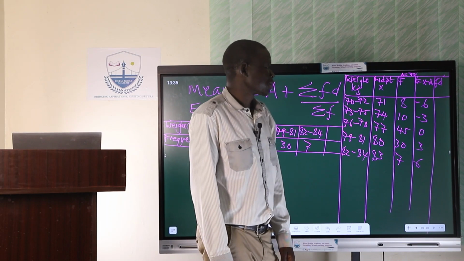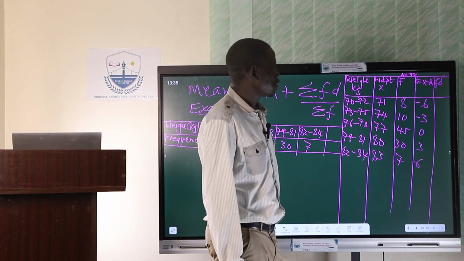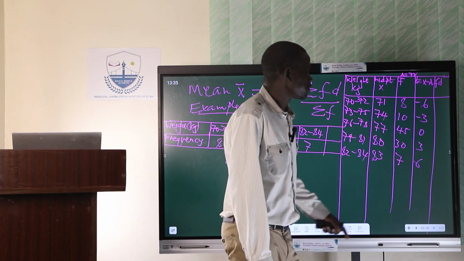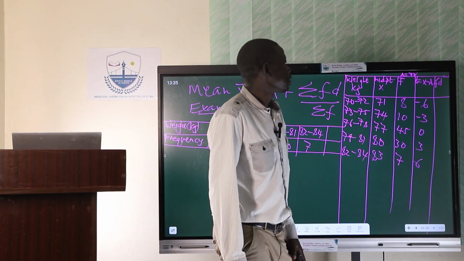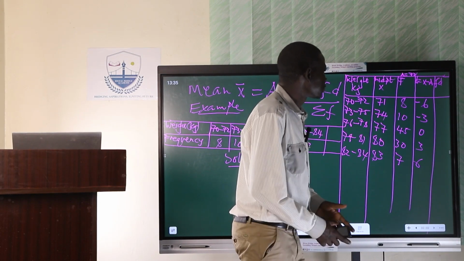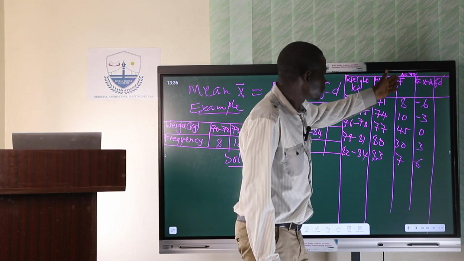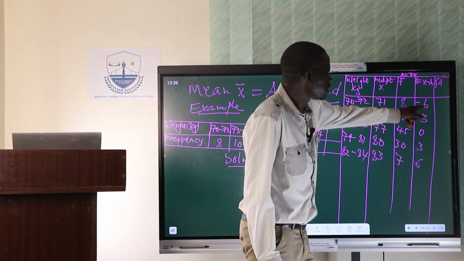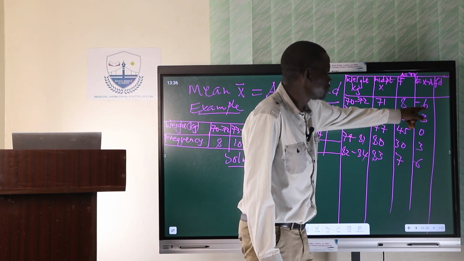After that, we can now calculate FD, that means F times D. The F values, the frequency values, are 8, and we multiply by the deviation values.